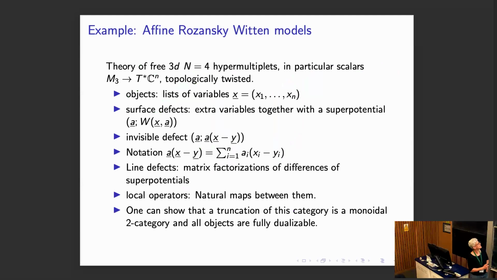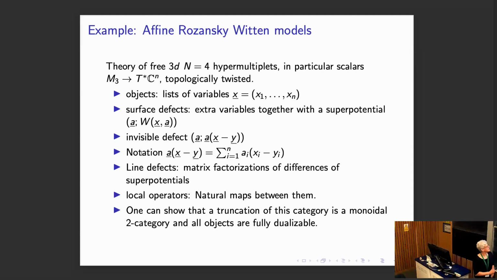We look at the theory of three-dimensional N=4 hypermultiplets, and the scalars are maps from three-dimensional manifolds to T*C^n. We topologically twist this supersymmetric theory. Then the objects are lists of variables of this category. The surface defects are extra variables together with a superpotential, so a pair like this.